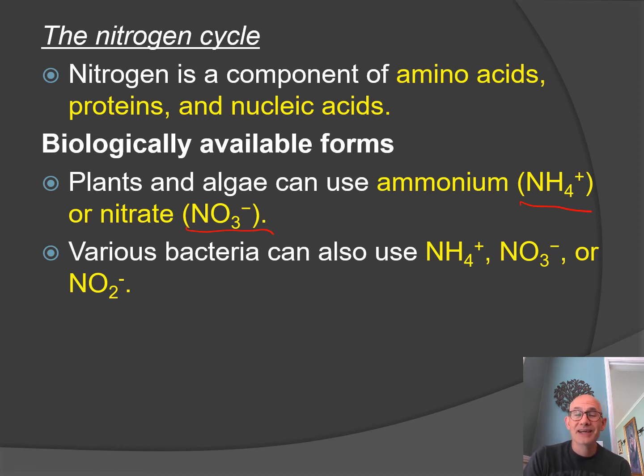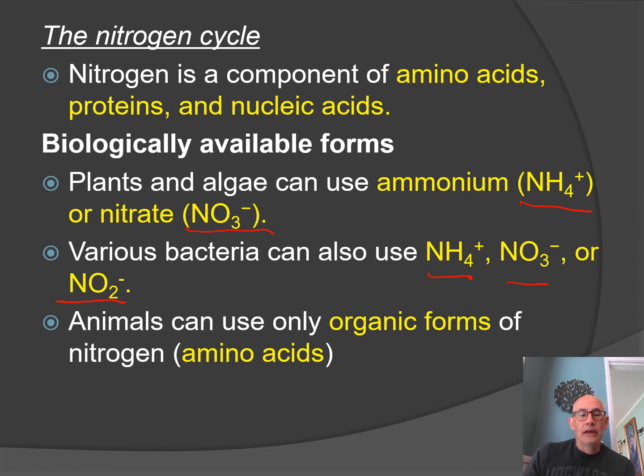And ammonia is actually the waste product of protein digestion, which is why we need something like the kidneys to remove that. Bacteria can use all different kinds of forms of nitrogen depending on the type of bacteria. So they can use the ammonia, the nitrate, or the nitrite. Please know those formulas. And animals can only use amino acids. So we have to get the amino acids either from plants or from other animals through our diet.